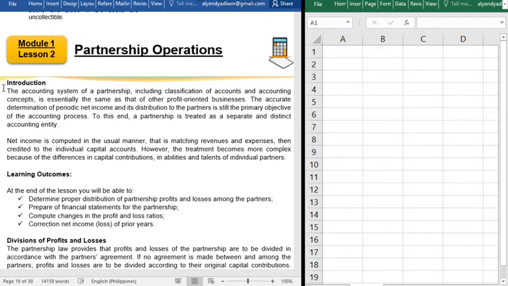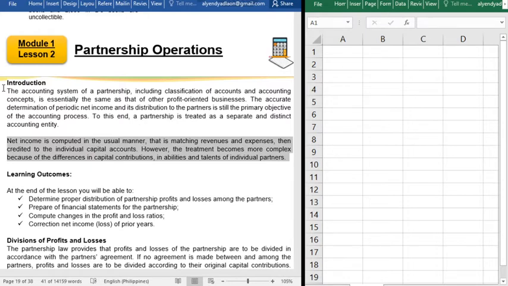To this end, a partnership is treated as a separate and distinct accounting entity. Net income is computed in the usual manner, that is, matching revenues and expenses, then credited to the individual capital accounts. However, the treatment becomes more complex because of the differences in capital contributions, abilities, and talents of individual partners.